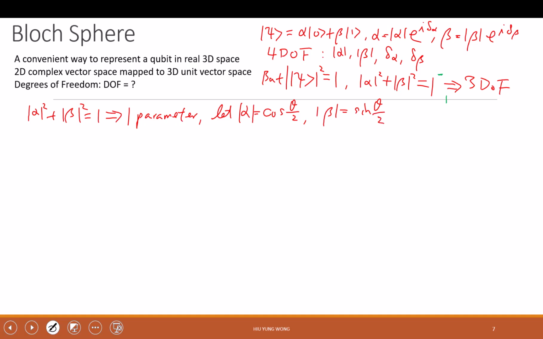Sine squared plus cosine squared equals 1, right? So this satisfies the requirement, and I only have 1 parameter, and that parameter is theta. So instead of fixing alpha and then using 1 minus alpha squared and taking the square root to get the magnitude of beta, I can also just give a theta. Then alpha is cosine theta divided by 2, and beta is sine theta divided by 2. That will also fix the state. Are you okay with this?